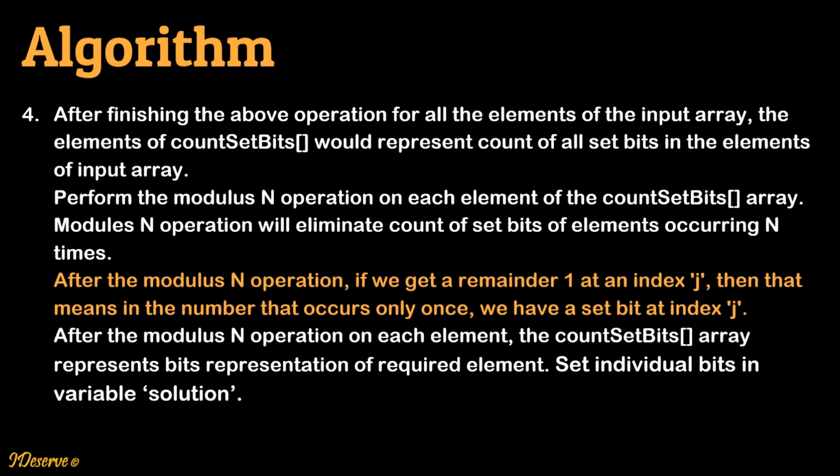After the modulus n operation, if we get a remainder 1 at index j, then that means in the number that occurs only once, we have a set bit at index j. I hope this is clear. After the modulus n operation on each element, the countSetBits array represents bits representation of the required element. So set individual bits in a variable solution.